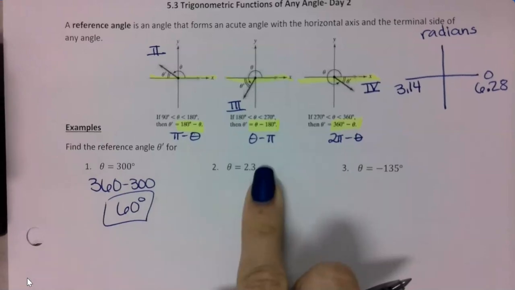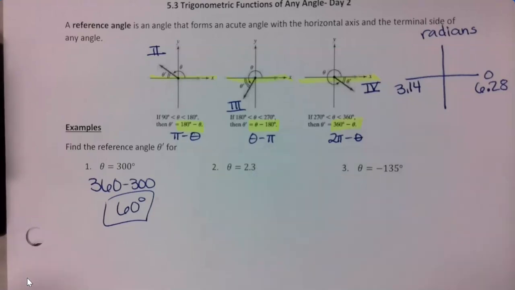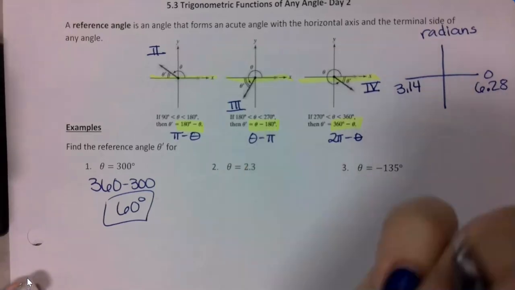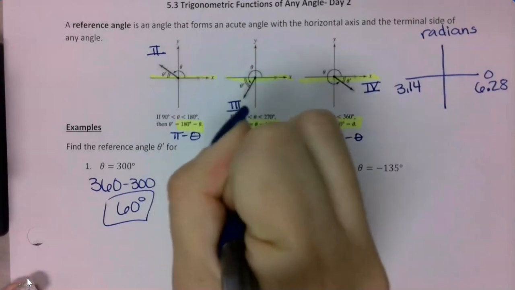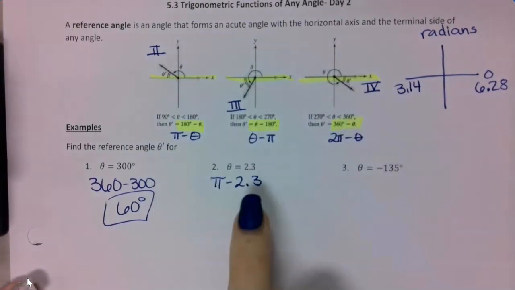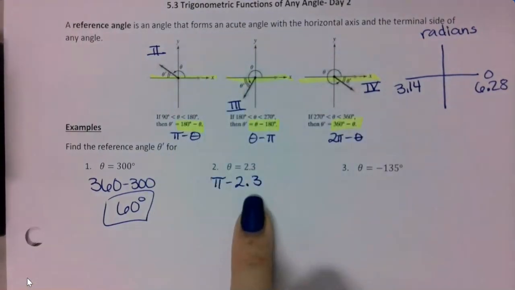I can tell because it doesn't have a degree symbol. So which quadrant is this in? Number 2. So I want to use the rule for number 2. So I'm going to take pi and subtract 2.3. Because this is given to me with 1 decimal place, I want to give my answer back as 1 decimal. So I want to type in the calculator pi minus 2.3.